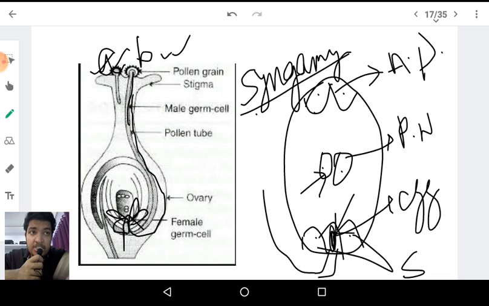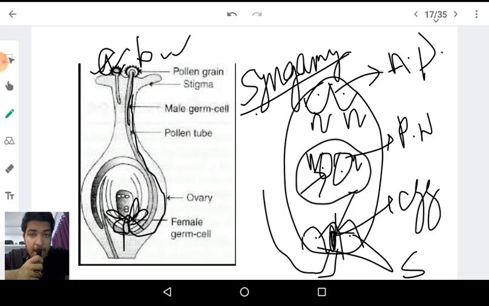Please do note that all these cells are haploid. That means they have only half the number of chromosomes. So if I denote this by N, this is also N, this is also N, this is also N. So these two are combined. The polar nuclei had a ploidy of 2N initially. Now a male gamete, again with a ploidy N, is going to fuse with a cell which had a ploidy of 2N.